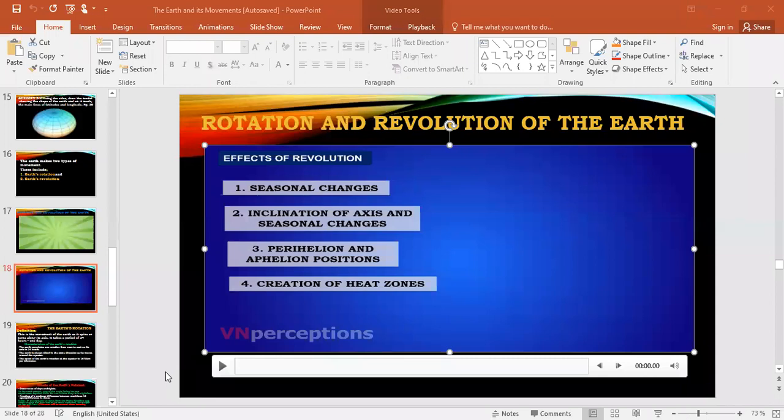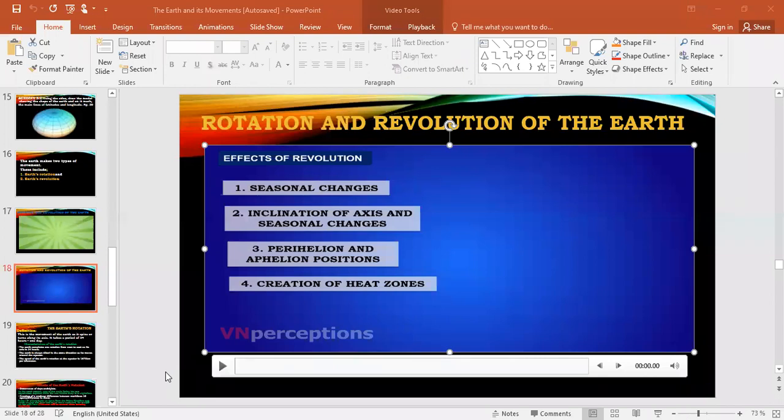Excuse me, teacher, may I explain about the perihelion and aphelion positions? Teacher, please explain the centrifugal force. Okay. Another thing, maybe please also explain the speed at which the Earth revolves around the Sun, one lakh kilometers per hour.